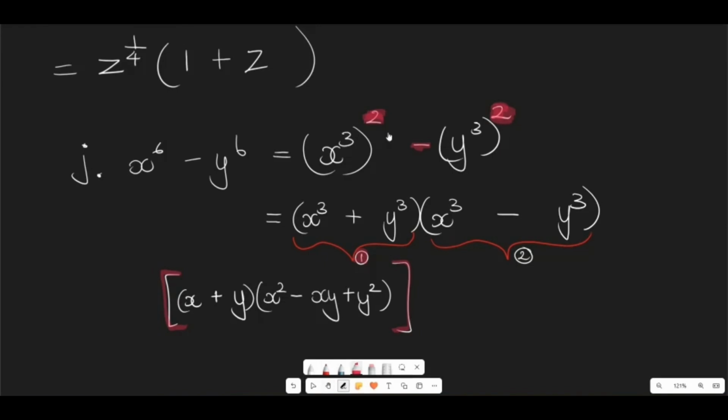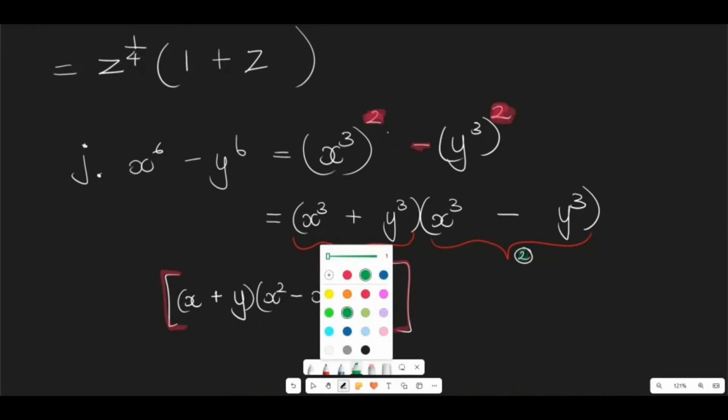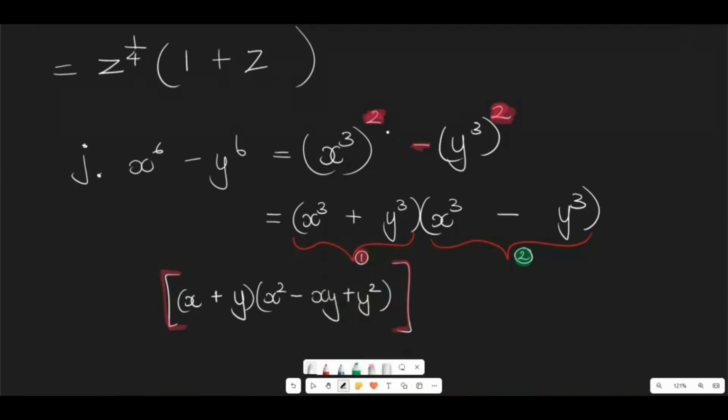Okay. So now I'm going to do the second part, which I'm going to highlight in green. This part, I'm doing the exact same thing. Open one small bracket and one big bracket. Distribute my x and my y's. And then I distribute my negative symbol. And the second symbol is always opposite to the first symbol.